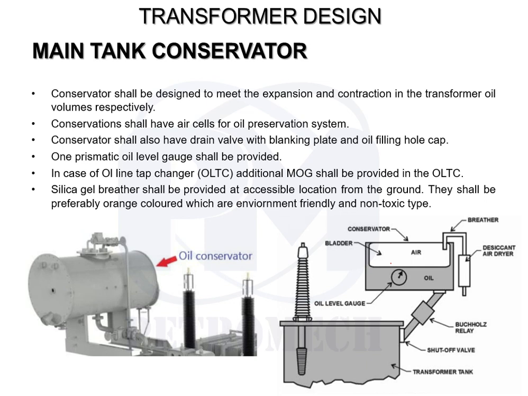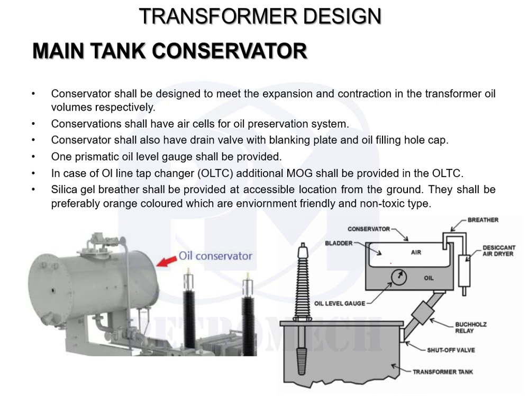Then an important aspect is the main tank conservator. The conservator is basically the chamber which houses a particular fill of oil to meet the expansion and contraction that is happening inside the transformer. In the event of a fault, we already know the oil inside the transformer would become gas and eventually go upwards.